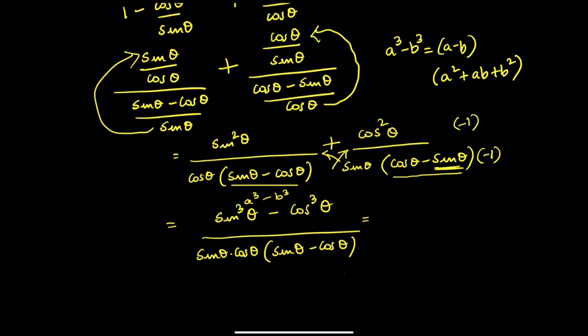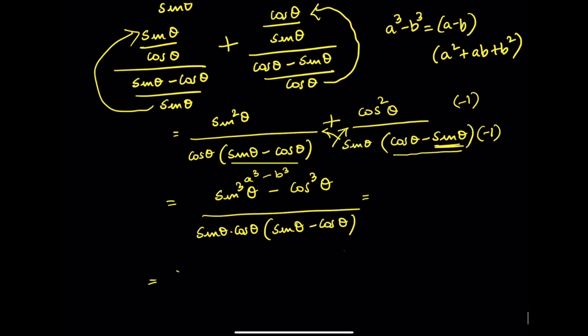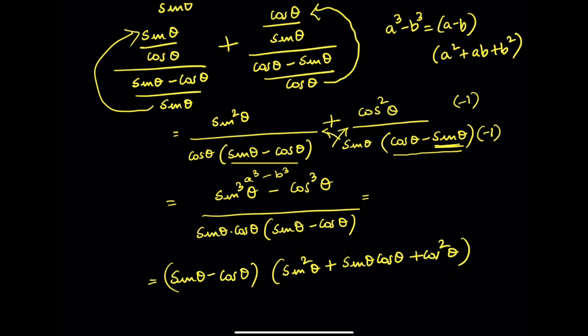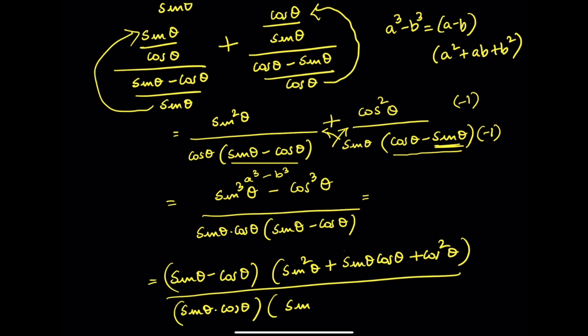Now if you apply this, it would change to sine theta minus cos theta, which is a minus b, and this will be sine square theta plus sine theta cos theta plus cos square theta. We just applied a cube minus b cube as shown above, and then the numerator would remain the same, which is sine theta cos theta times sine theta minus cos theta.